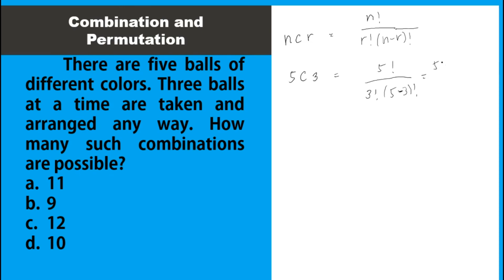So that is 5 times 4 times 3 times 2 times 1 over 3 factorial, that is 3 times 2 times 1, and 2 factorial, that is 2 times 1. The 2 times 1 will cancel here, and the 3 will cancel here. You have 5 times 4, that is 20, divided by 2. So you have 5C3 as 10.